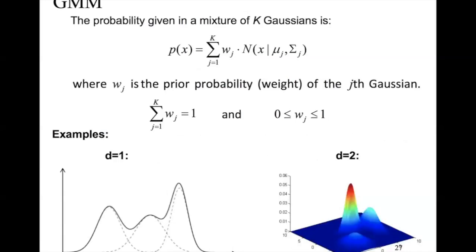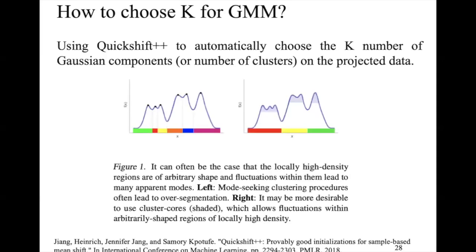It's just a basic Gaussian mixture model. The problem is, if you want to use Gaussian mixture models, how do you choose the number of components? This is a good point because the hyperparameters for the Gaussian mixture models definitely depend on that. Fortunately, there is an algorithm called Quick Shift++. This can choose the K automatically.